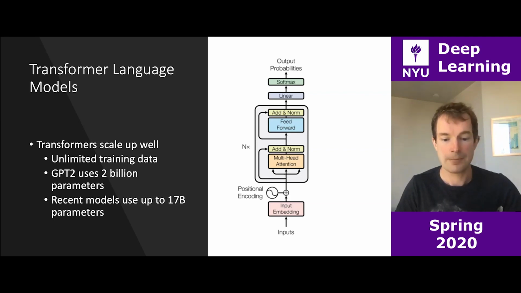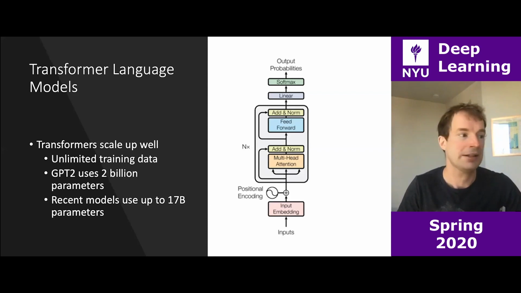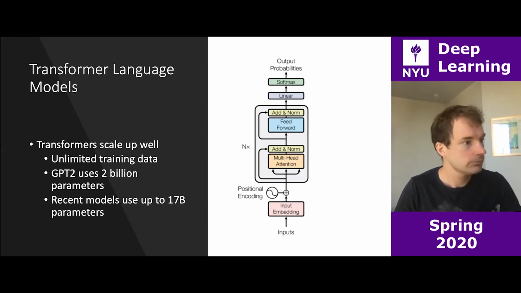And if you just keep on adding parameters to transformers, they keep on working better and better. The examples I showed you before were from this GPT-2 model with 2 billion parameters, which was quite big for 2019, but apparently in 2020 we're up to 17 billion, and there are rumors that 100 billion parameter models will be coming along soon.